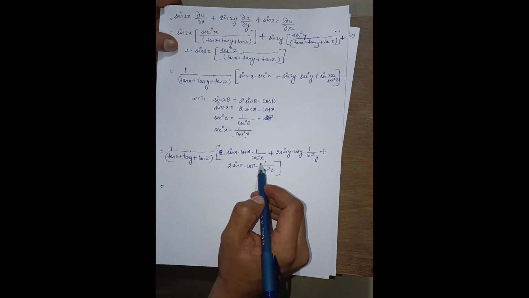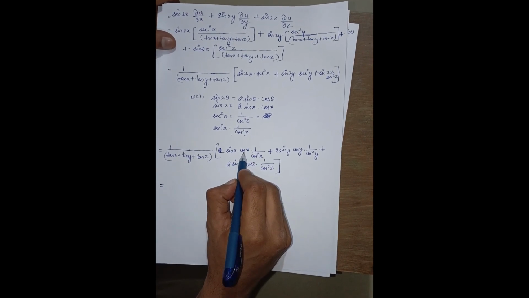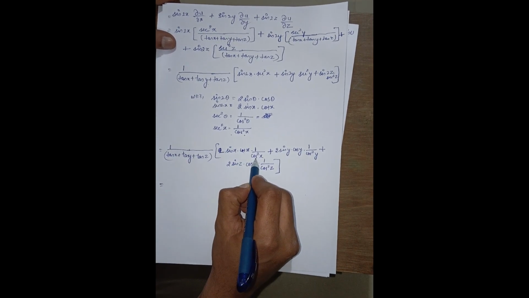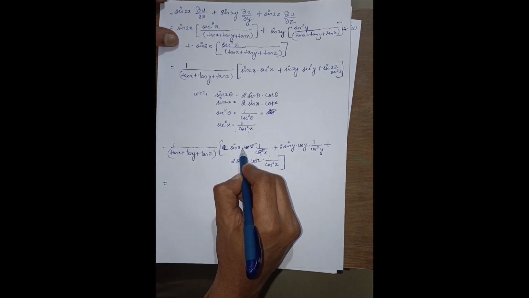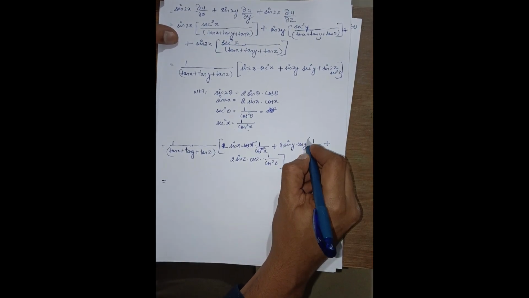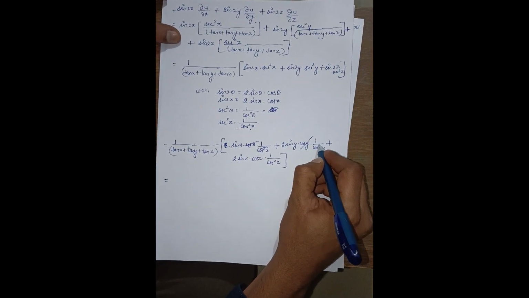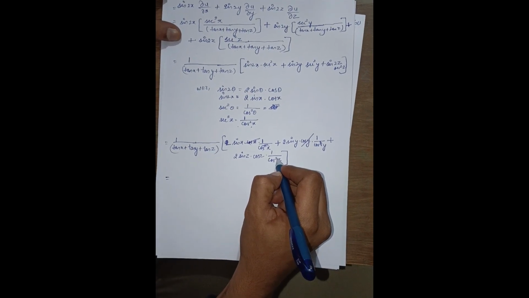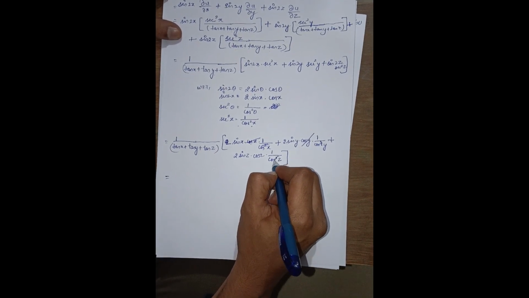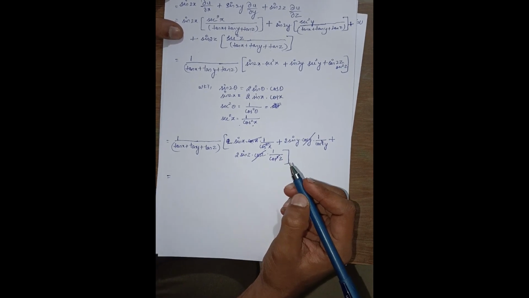Now one cos x cancels with cos square x, and one cos y gets cancelled, and one cos z gets cancelled.